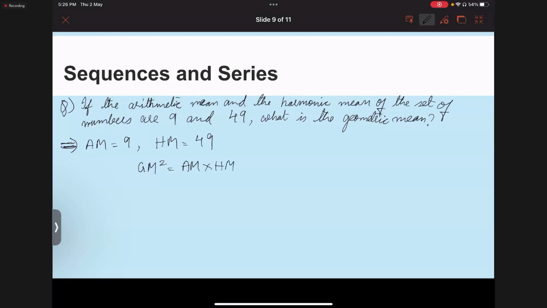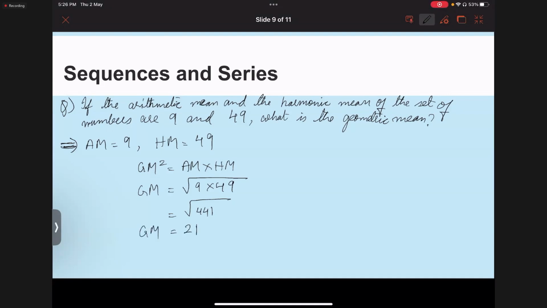So your GM then becomes the square root of 9 into 49. Let's say it's 441. So the square root of 441, you can calculate, and this is going to give you 21.